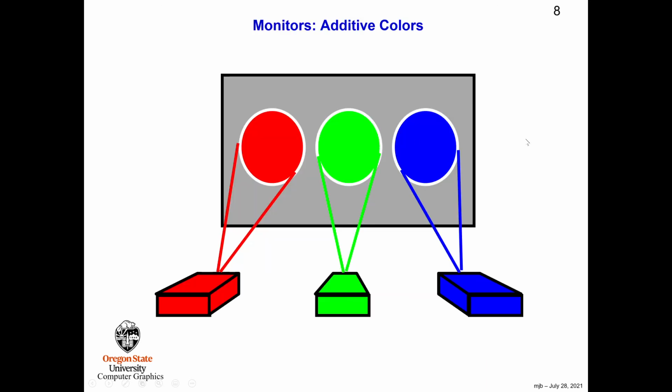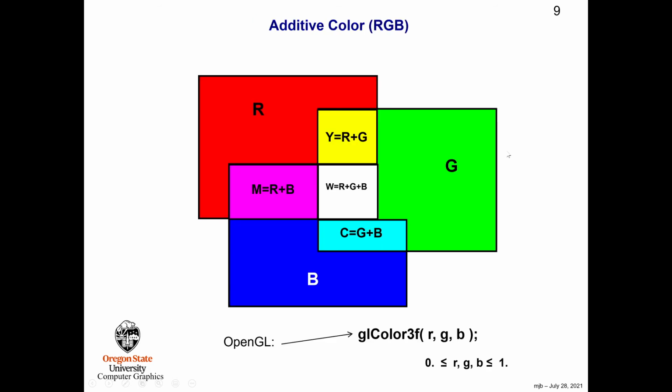Okay, so computer graphics monitors use what's known as additive color. Additive color works like this. It's what's being done with glColor3f. Again, like we talked about before, there's red, green, and blue phosphors on each pixel. And if you excite just the green, well, you're going to get green.